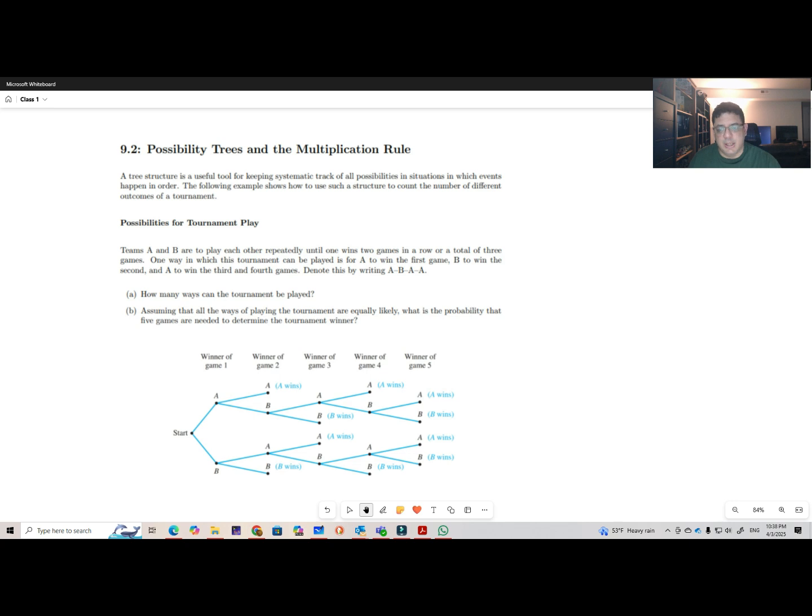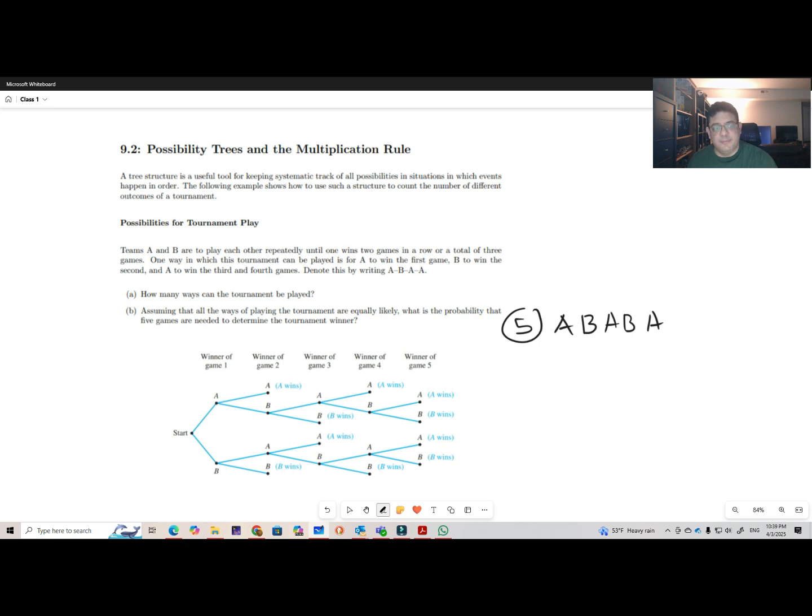Now, in how many ways can this tournament be played? Notice that we can have at most 5 games. Why? Because A or B can win first, and then they can alternate. First A wins, then B wins. In this scenario, the 5 games will be: A wins, then B wins, then A wins, then B wins, then A wins.